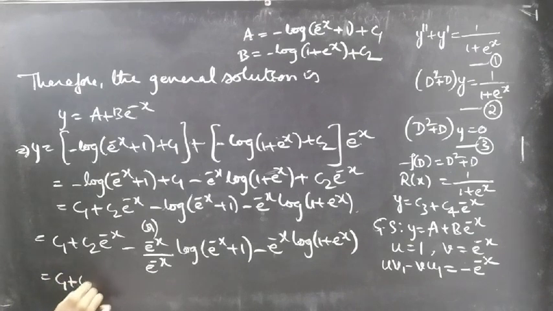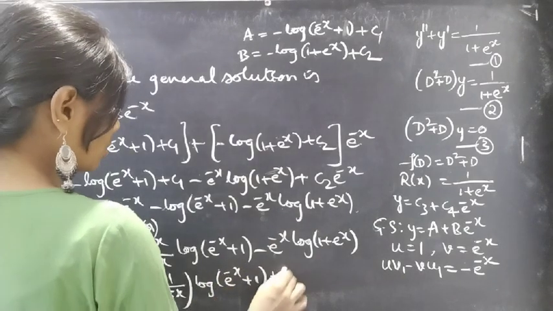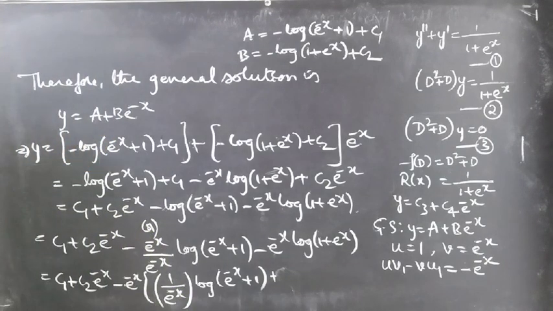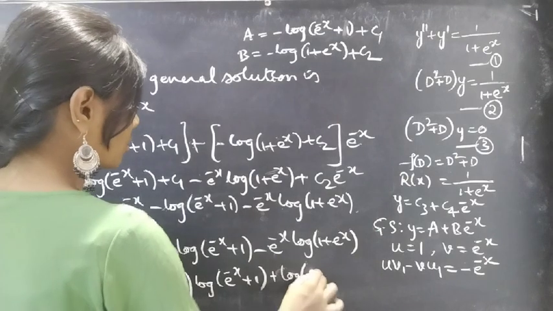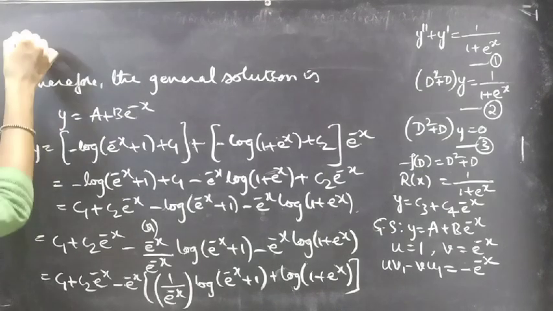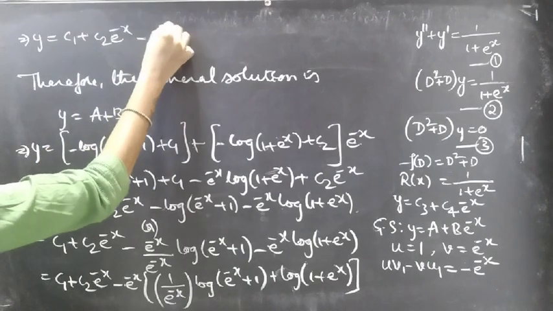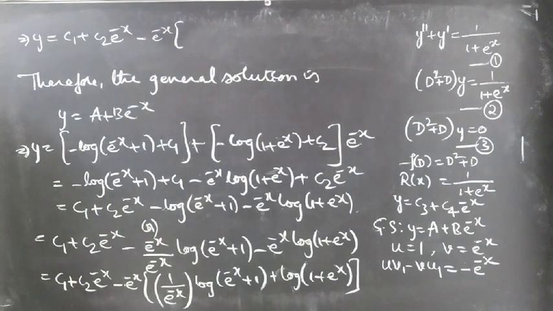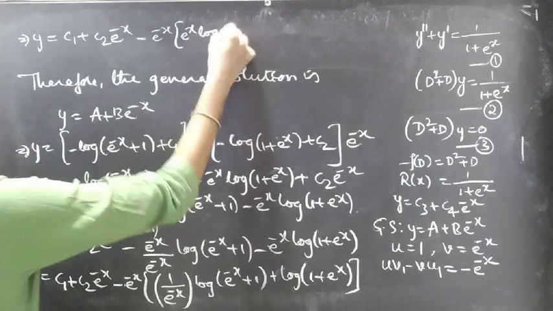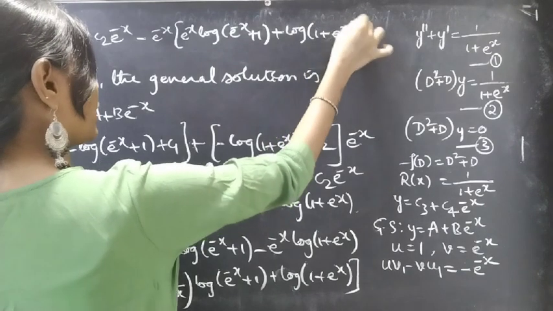We'll get c1 plus c2 e power minus x minus e power minus x of 1 by e power minus x log of e power minus x plus 1 plus log of 1 plus e power x. This gives us y equal to c1 plus c2 e power minus x minus e power minus x of reciprocal of e power minus x is e power x into log of e power minus x plus 1 plus log of 1 plus e power x.